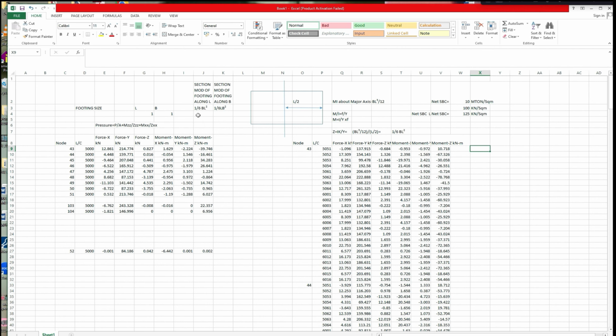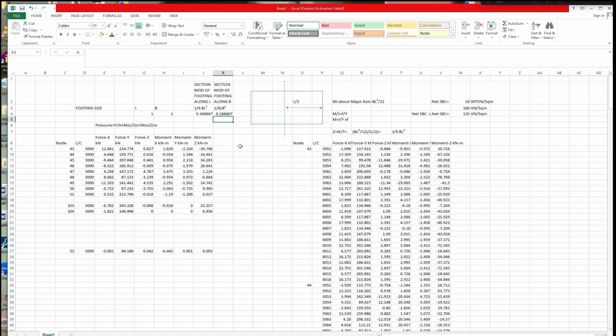So now the section modulus is equal to 1/6 into B L square, and this is again 1/6 into L B square.